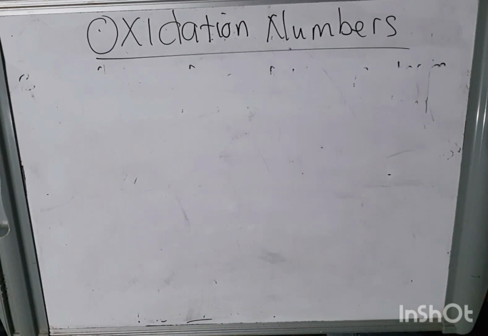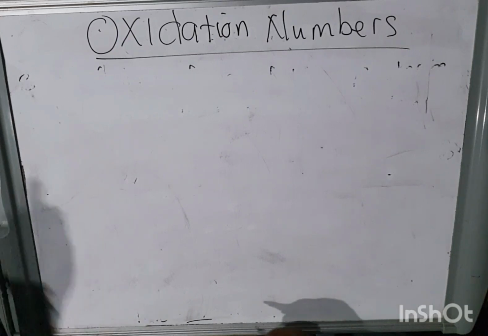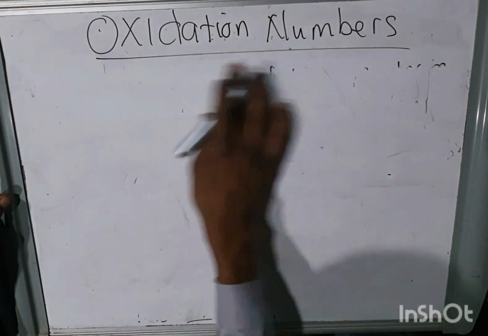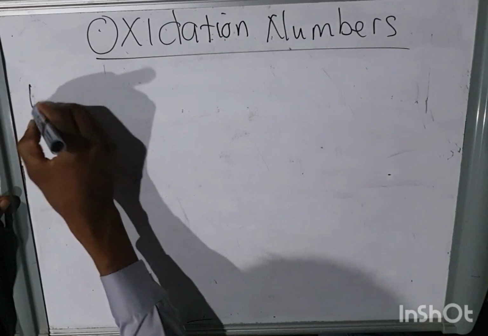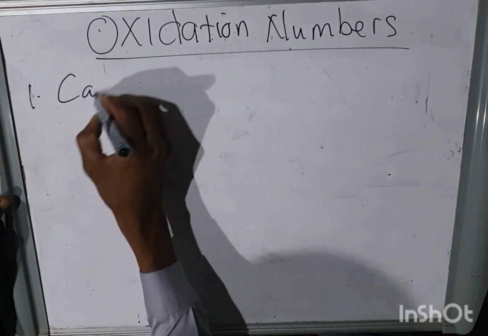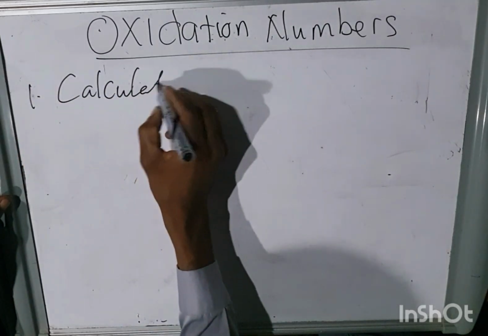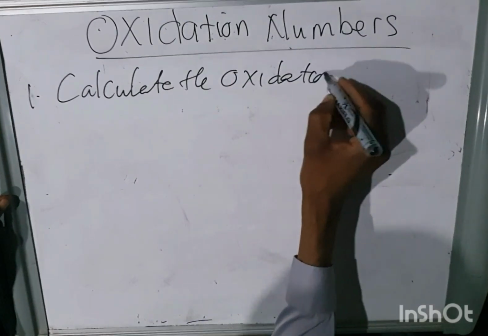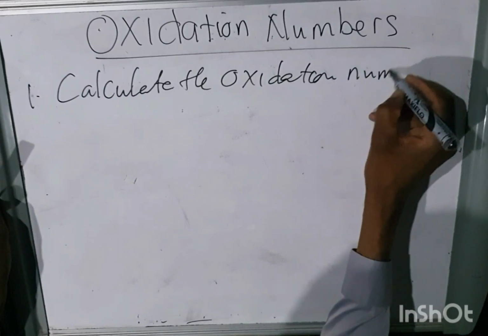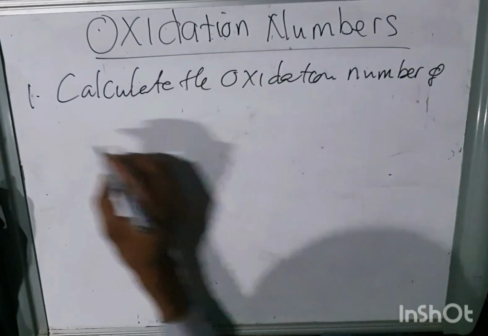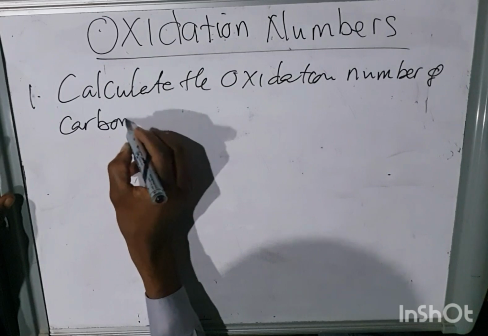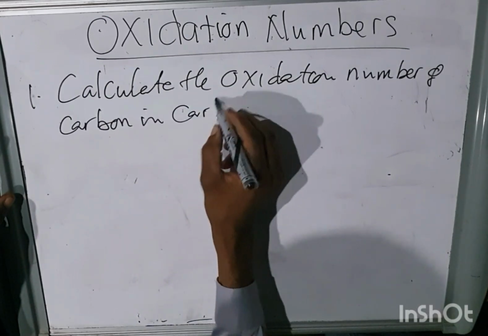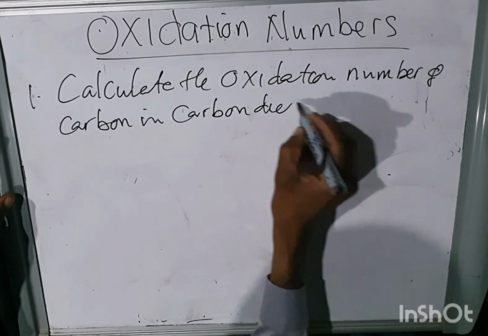So the first example is: calculate the oxidation number of carbon in carbon dioxide.